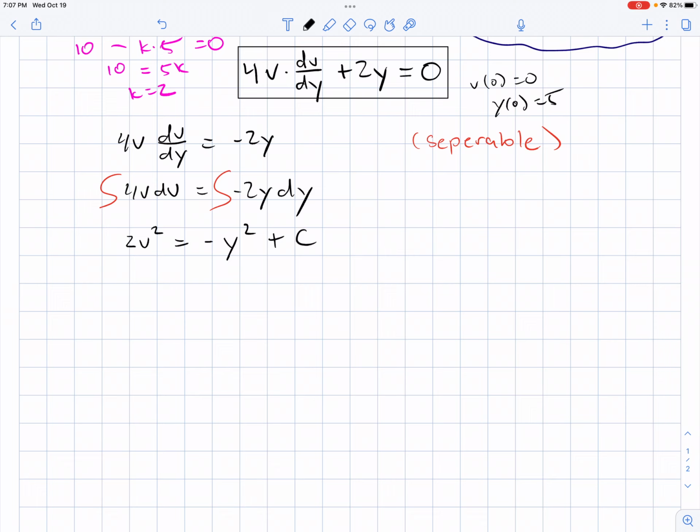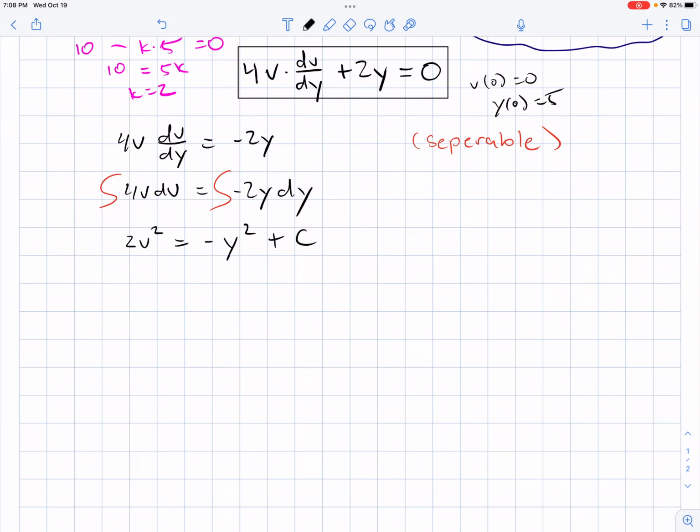And now you can probably see why I wrote those initial conditions up here, so I wouldn't forget what they were. Velocity at t equals 0 is 0, and position at t equals 0 is 5 meters from the equilibrium, right? So we can plug those in to get our c.